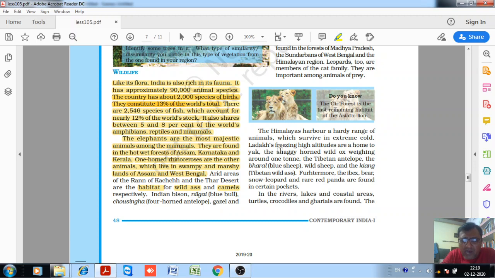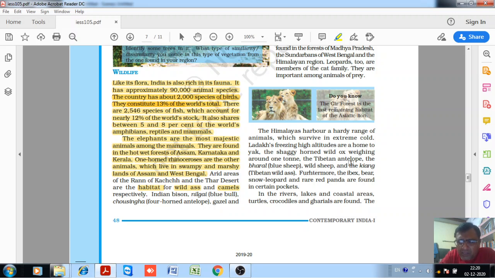Like Ladakh's freezing high altitudes are a home to yak and the shaggy horned wild ox weighing around 1 ton, 1000 kgs, which is found in the Ladakh region.